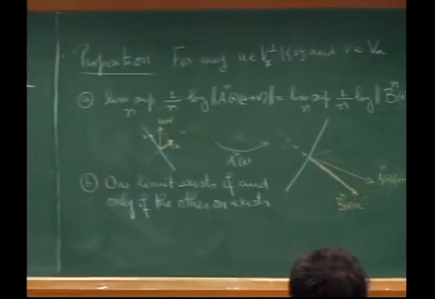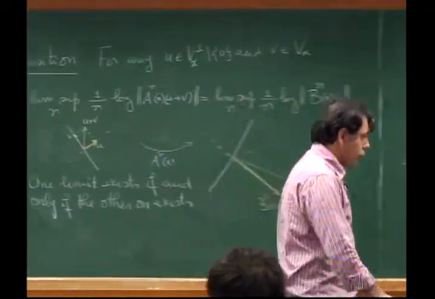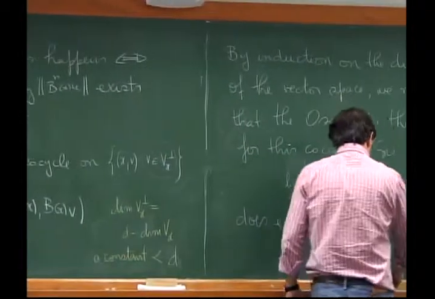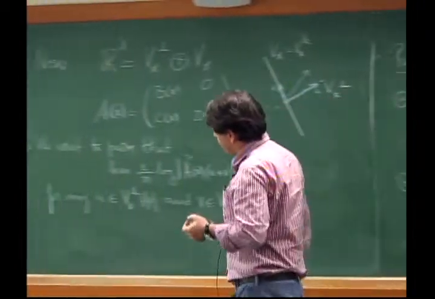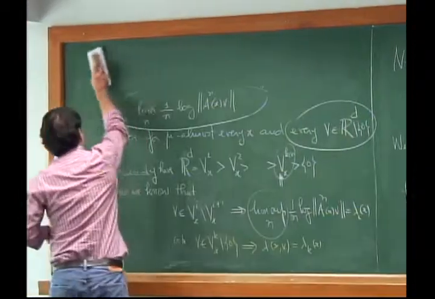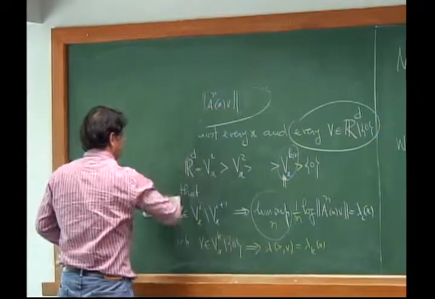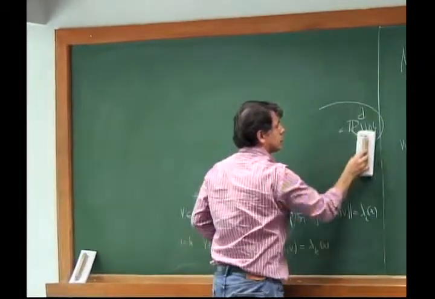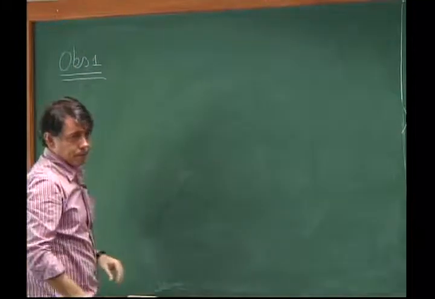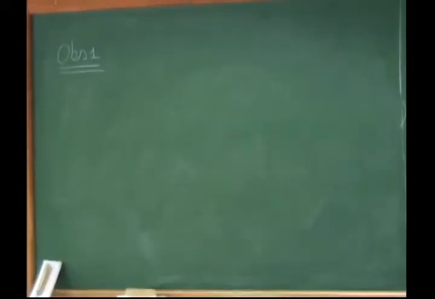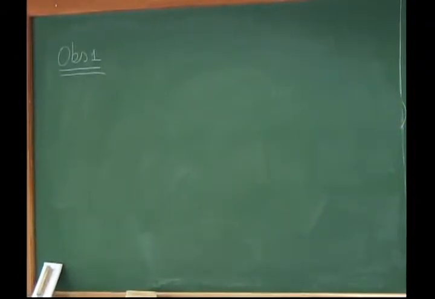Now, everything I said is honest. But to make it more transparent, I have to say two simple observations. So, two observations. Observation 1 has to do with this question of the dimension, with this difficulty here, that I don't have a product.